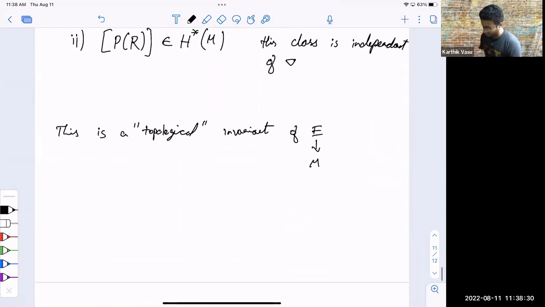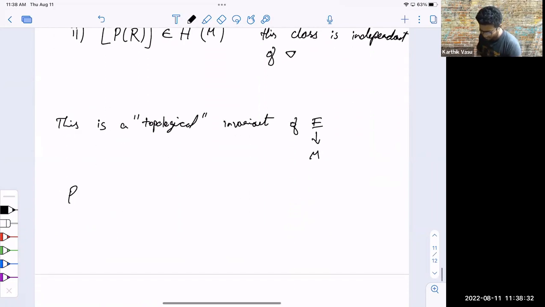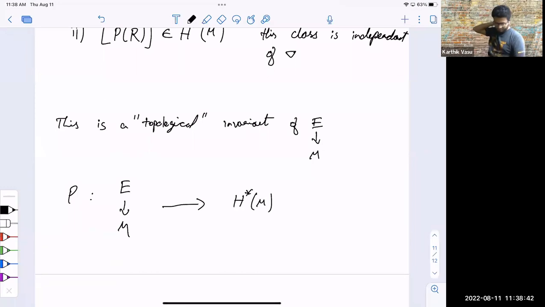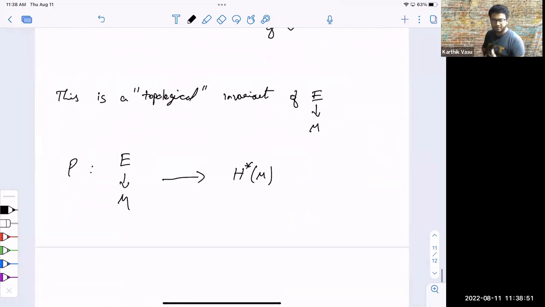So now what I have given you is that this P, for any vector bundle, will associate to you an element in the cohomology. So these polynomials give you a way of associating cohomology in a topological way. Any questions till now?